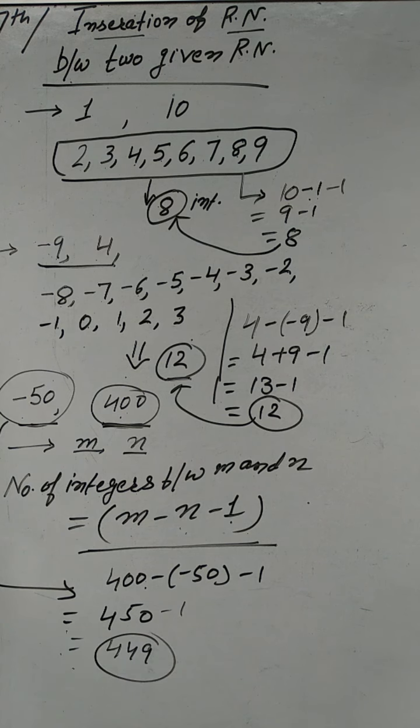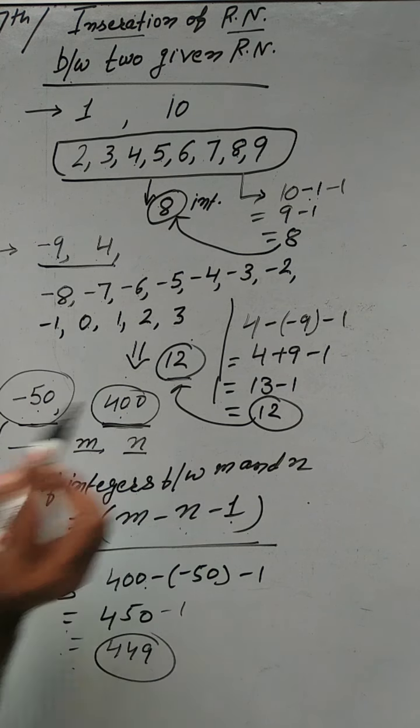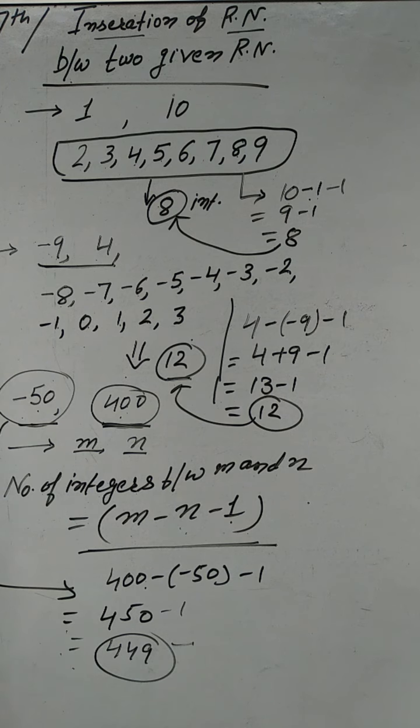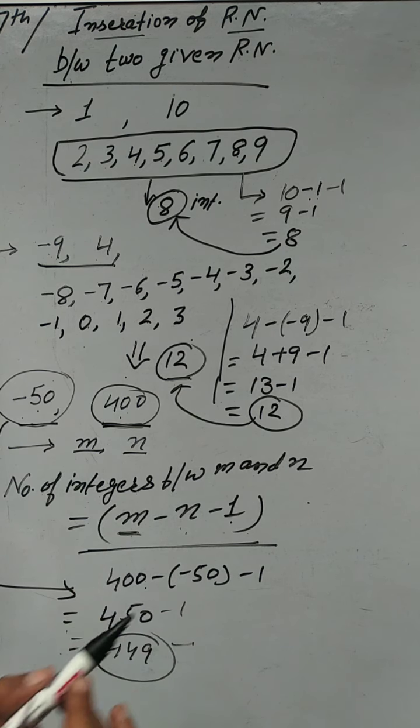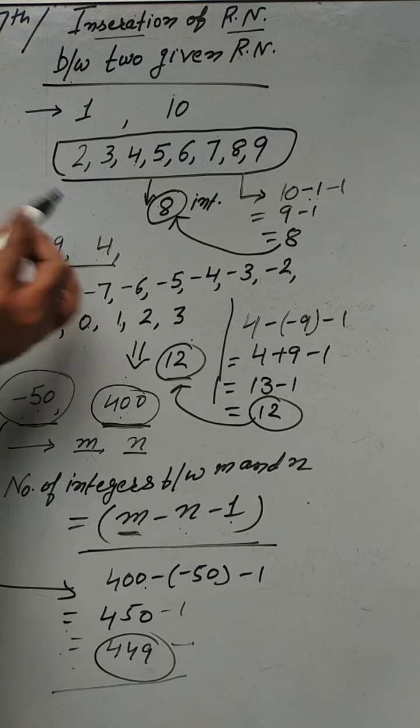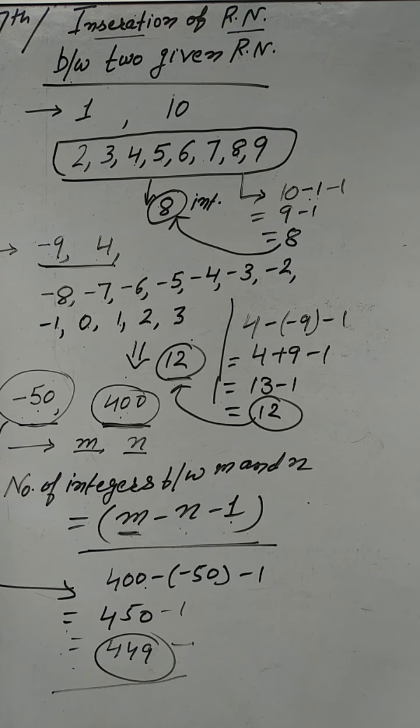How many integers lie between minus 50 and 400 beta? 449. Clear? Your m should always be positive. Keep in mind, your m should always be positive. Understood? Clear? In that way, you have found the number of integers between two given integers. You have studied it in class 6th.